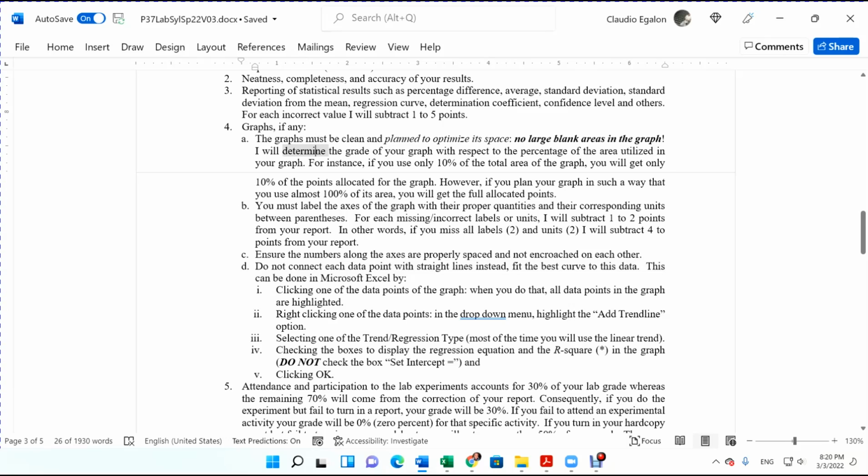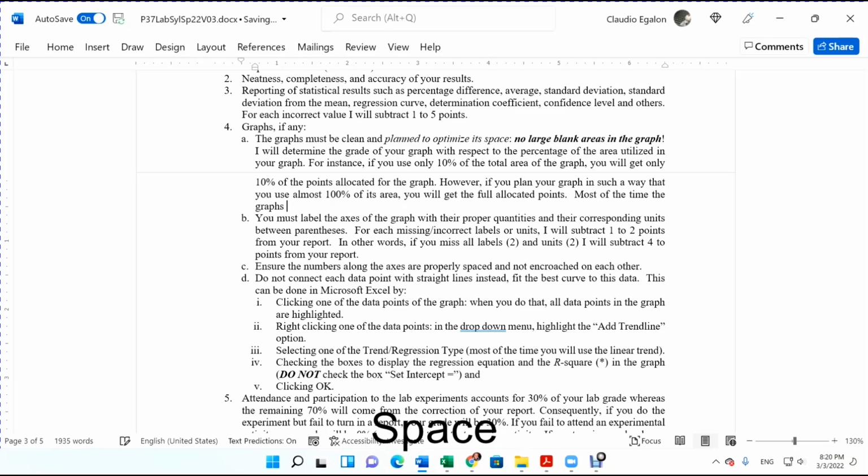Here it is assumed that you already know how to plot the graph. The graph must be a scatter plot. Most of the time the graphs will be scatter plots. Actually, it's not most of the time.